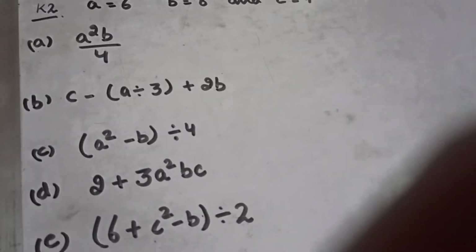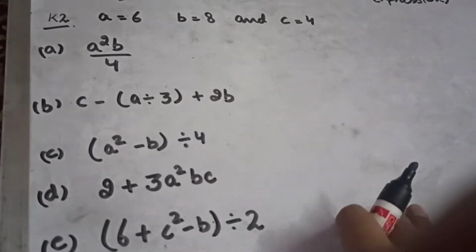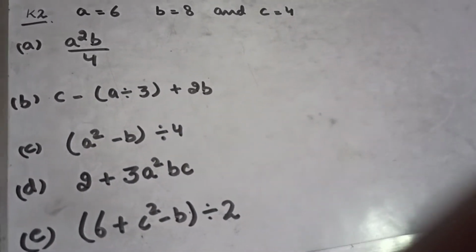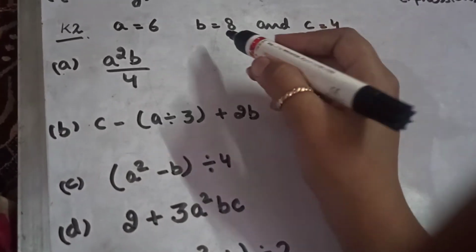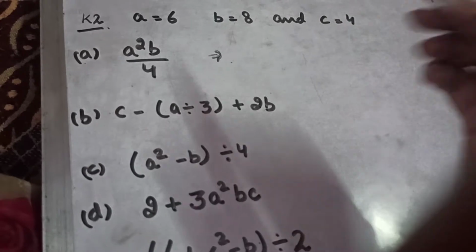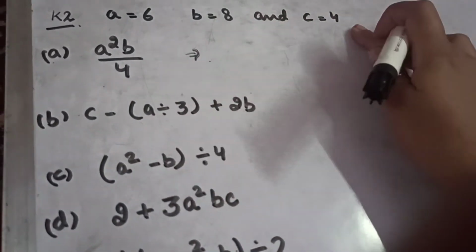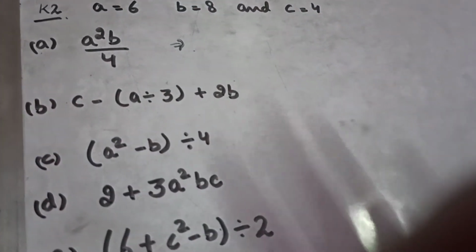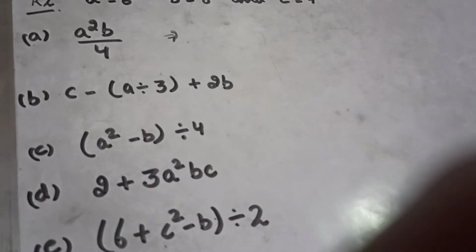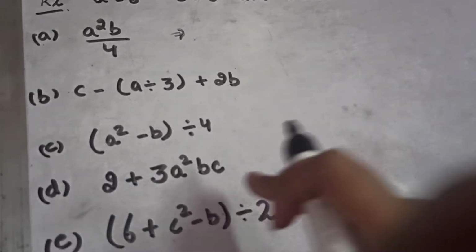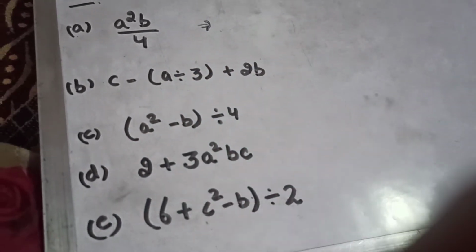In this also the values are given, but the expressions are a little bit more expanded, right? So you have to just put the given values of the variables in the question, and after that solve that according to BODMAS if brackets are there.